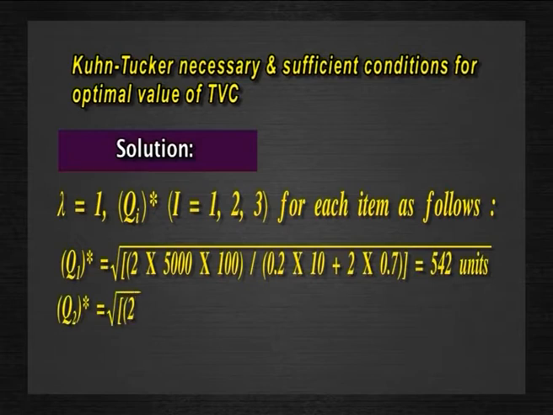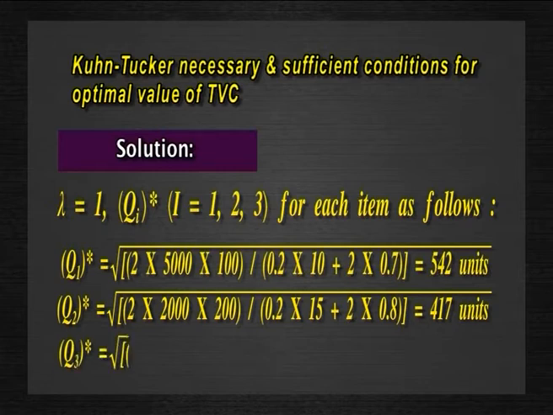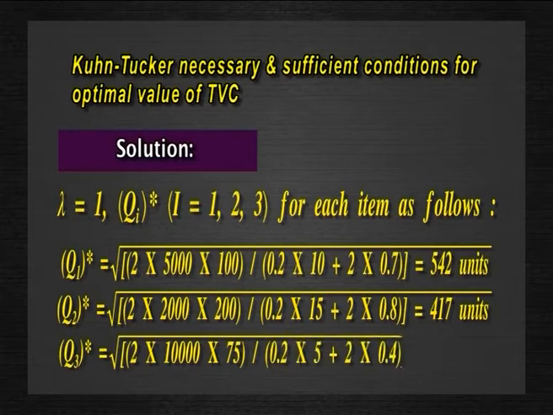Q2 star is equal to square root of 2 into 2000 into 200 divided by 0.2 into 15 plus 2 into 0.8 equal to 417 units. Q3 star is equal to square root of 2 into 10,000 into 75 divided by 0.2 into 5 plus 2 into 0.4 equal to 913 units.